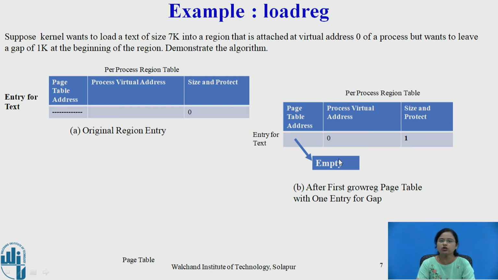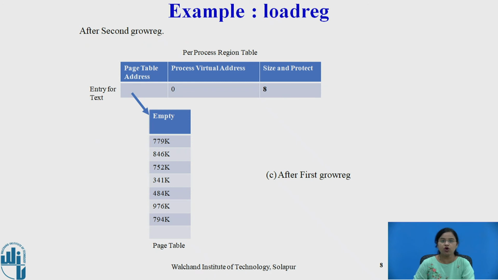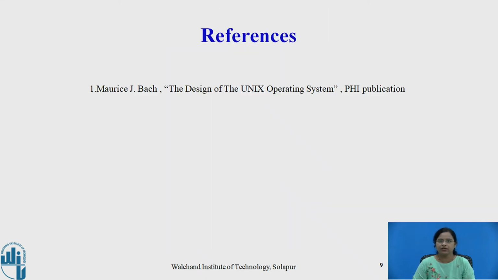After invoking the first grow region algorithm, it has to invoke the algorithm again for loading all 7 KB into the memory.